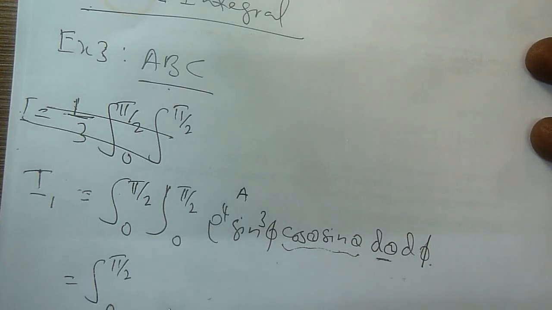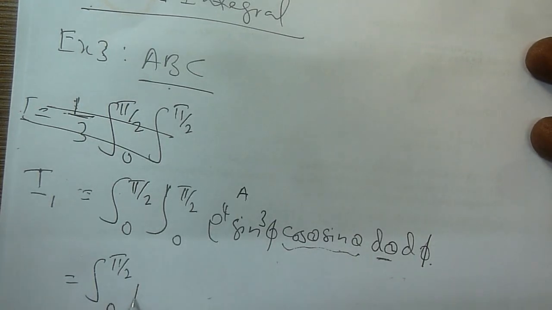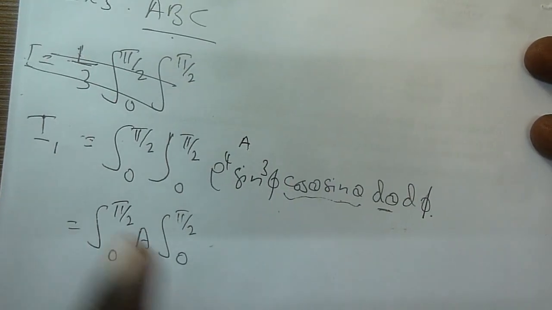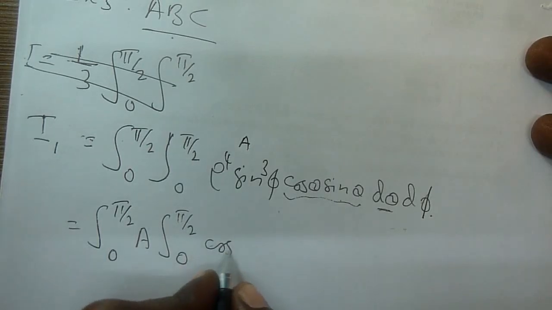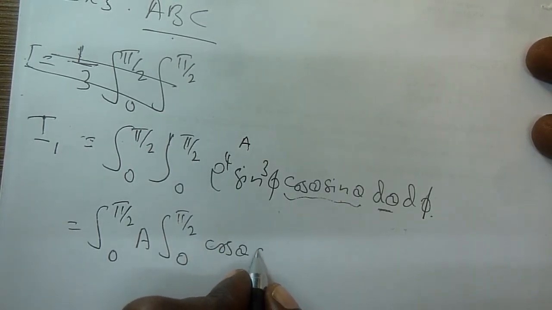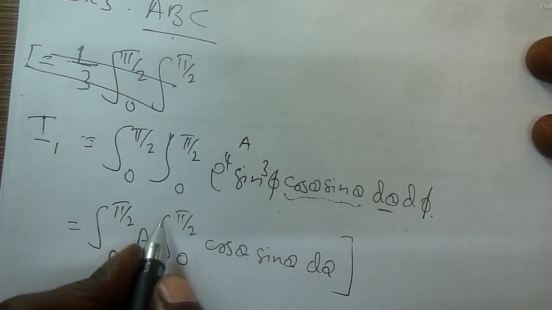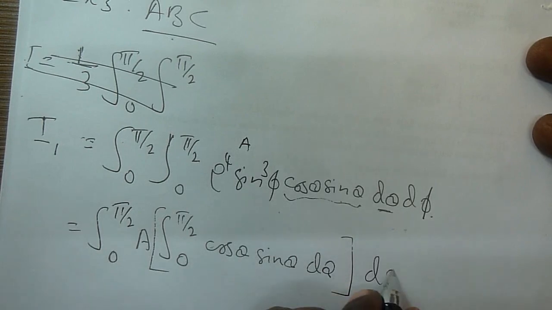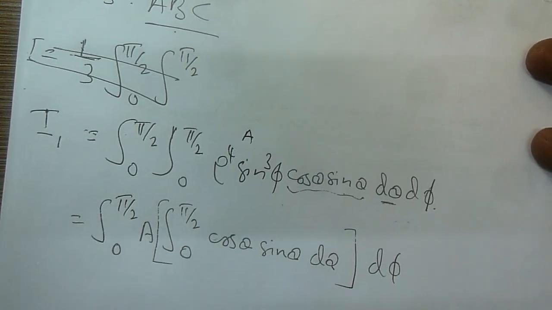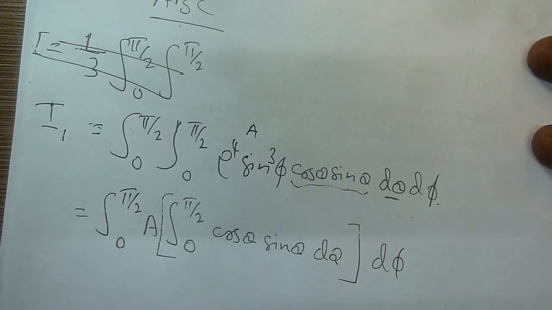That means, A, you don't look at this first, pi over 2, 0, concentrate only on this, sin theta d theta. Is it okay for you? Can you understand this?